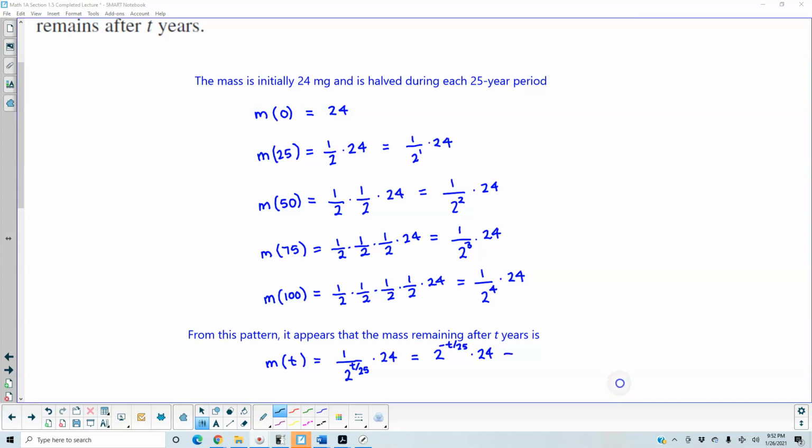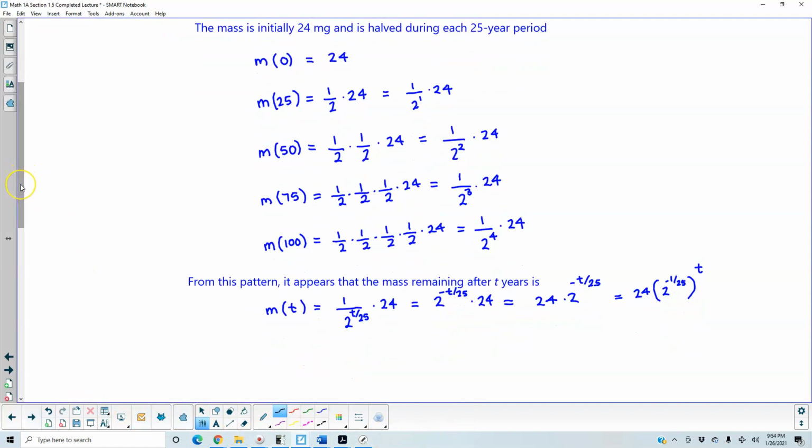So let's rearrange this function to be 24 times 2 to the negative T over 25. And now what we're going to do is factor out that T as an exponent. So it's going to be 24 times 2 to the negative 1/25 raised to the power of T. So let's write what the final function looks like.